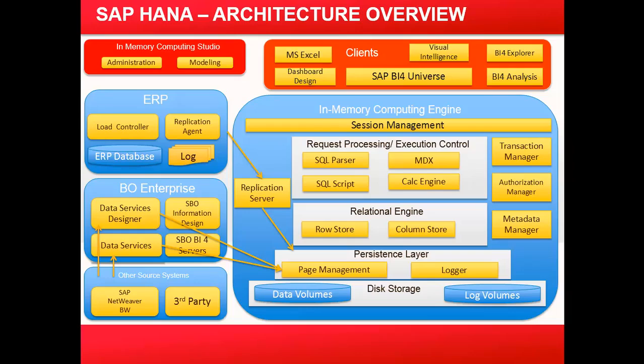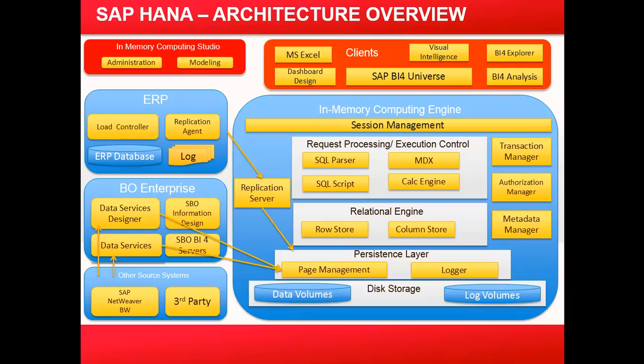SAP Visual Intelligence complements these two experiences while offering business analysts the ability to perform more advanced data transformation and analysis. It connects to SAP HANA to get the data in real time and replicates or refreshes the data in real time. That is one of the key benefits of using Visual Intelligence to generate real-time graphs and real-time analysis, getting the data directly from SAP HANA.